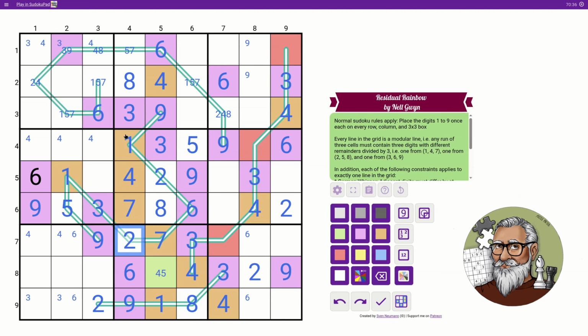Which means that 285 are green, which is what that is as well. 2, 8, 5 are green. So this is 5, which means that these are orange.